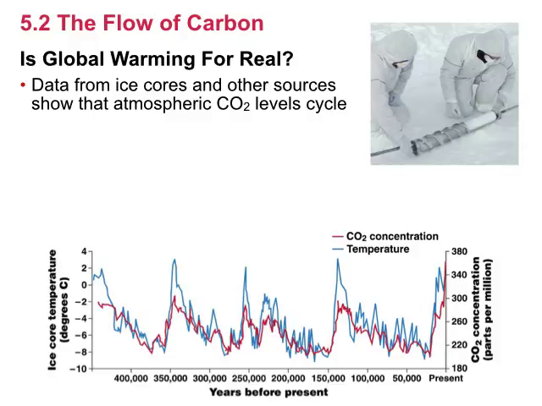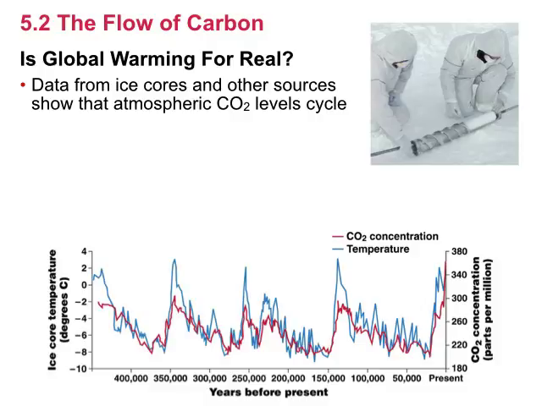And you can look at that ancient air, and using very sophisticated science, you can actually come up with what the CO2 concentration was hundreds of thousands, if not more, years ago. And so you can look at CO2 levels, and you can also look at temperature levels based off of other gases in that sample.